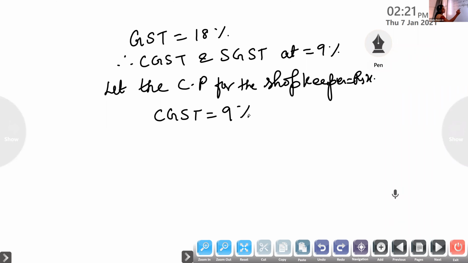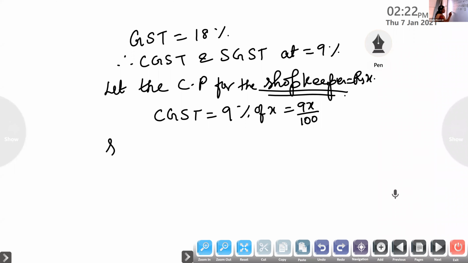CGST will be 9% of X, which is 9X by 100. Is it clear? CGST is 9X by 100. Now, what is the next thing given here? So this is for the shopkeeper.